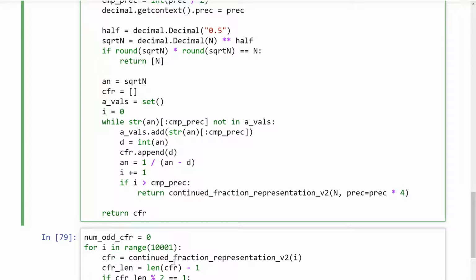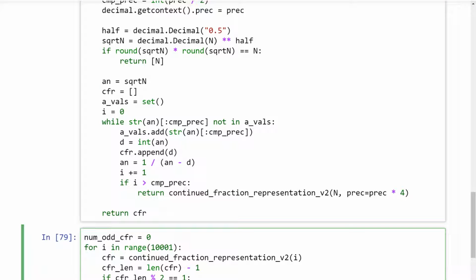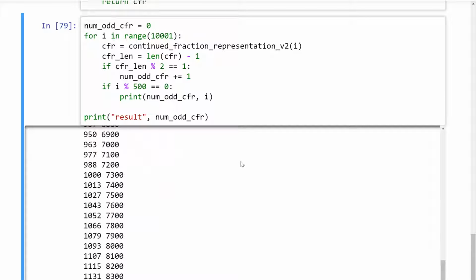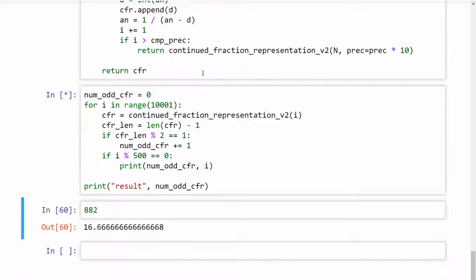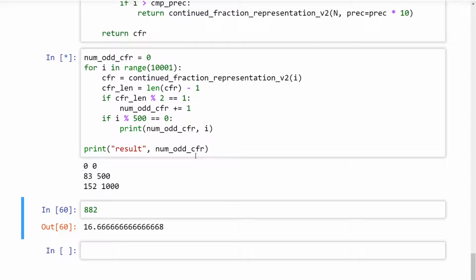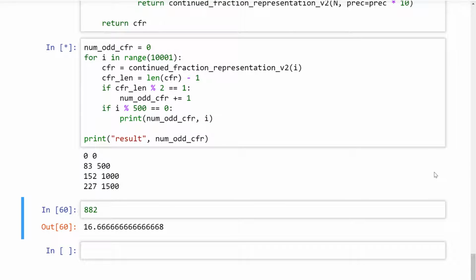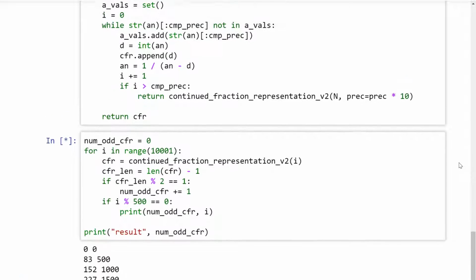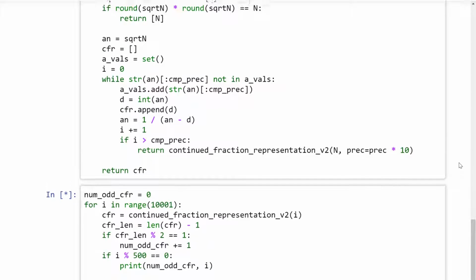Let's do 50, and let's also stop doing this quite so much. And let's, I don't know, 10. This is much faster than I assumed. Why is this?